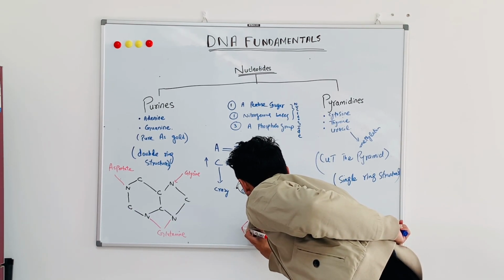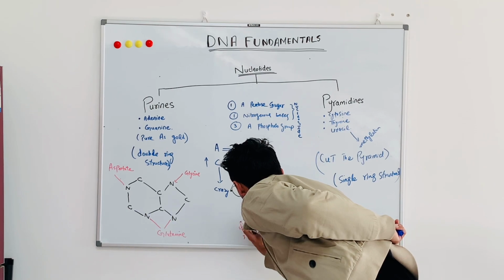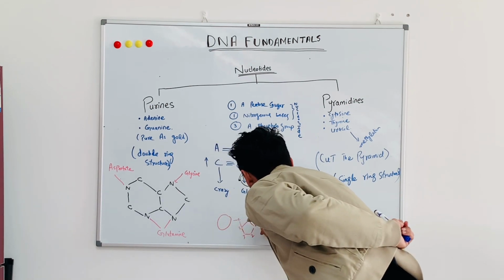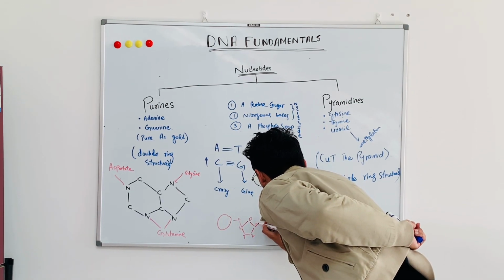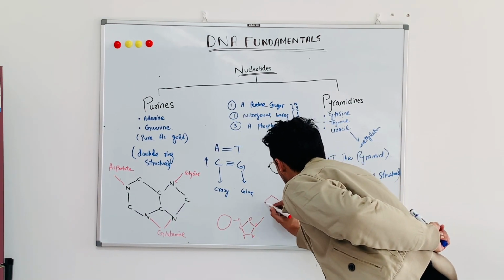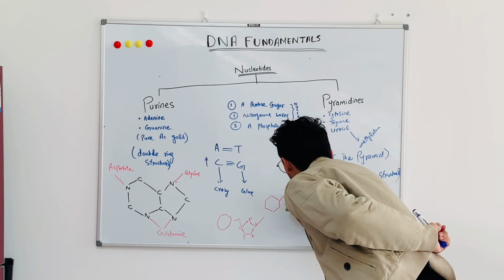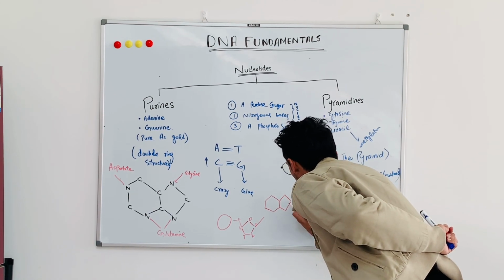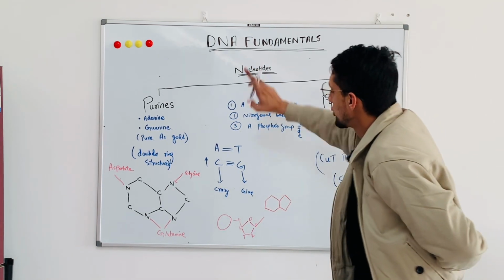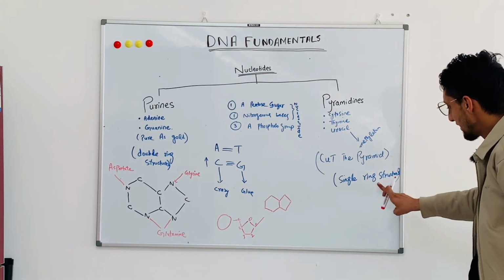Let's say this is carbon number 1, 2, 3, 4, and there is carbon number 5, and to carbon number 5 there is attached a phosphate group, and to carbon number 1 there is attached this base, right? So a pentose sugar, a phosphate group, and a nitrogenous base will make what? A nucleotide, right?